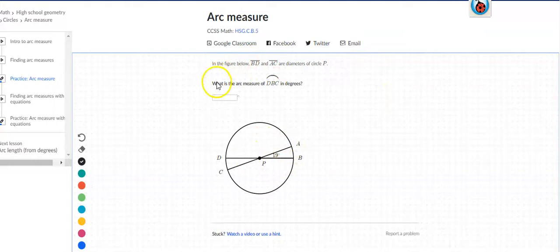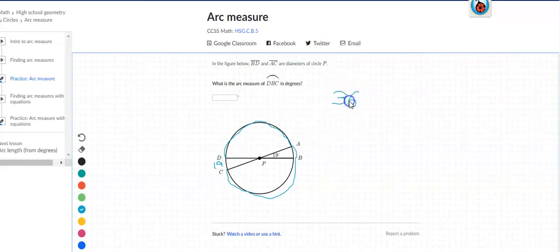This shows me the same picture, but now this is asking me for that major arc. So BD and AC are diameters. So now it's asking me for my DBC. And so that means I start at D, and I have to go all the way around to hit B second, and then I come back to C. And so the easiest way to do this is just to recognize, I already found out that this is a 19, and I know my whole circle is 360.